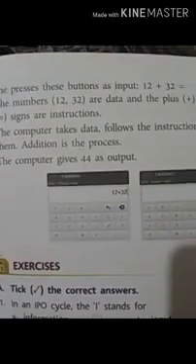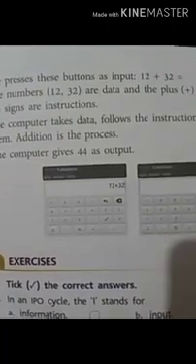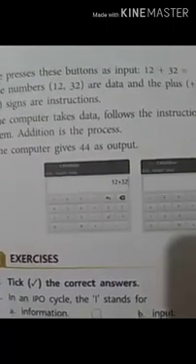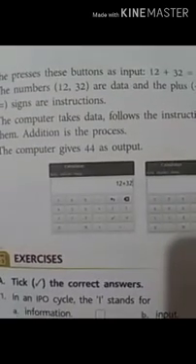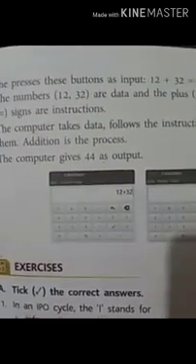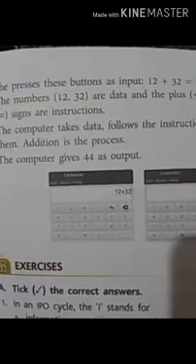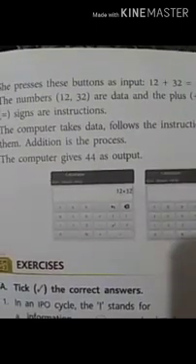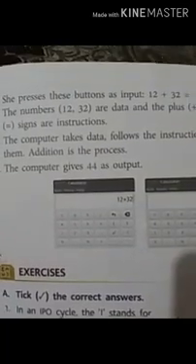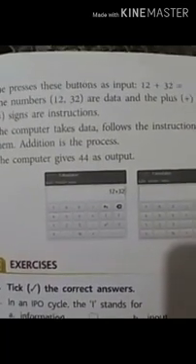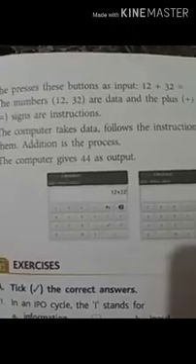When we learn computers, we should know the terms input, output, hardware and software. All these terms are very necessary. So you will read this chapter. Whatever you don't understand, just ask me anytime. You are welcome, my children. Thank you very much. In the next video, we will discuss the exercise also.